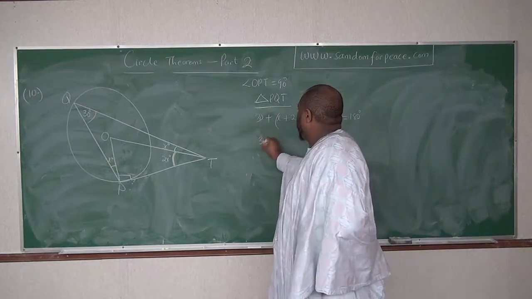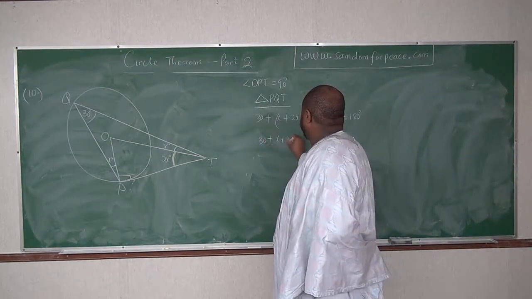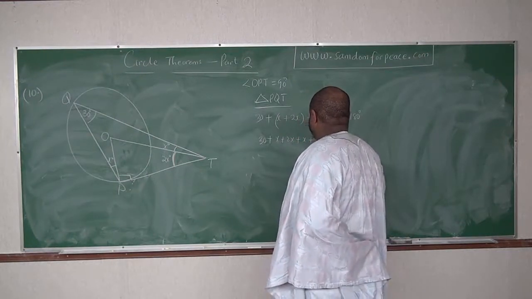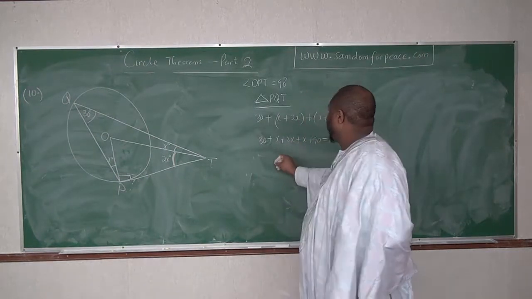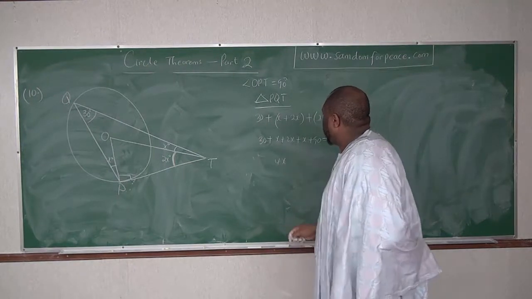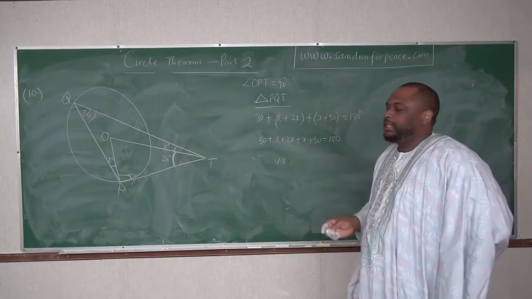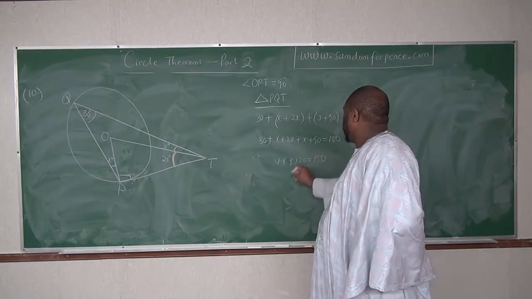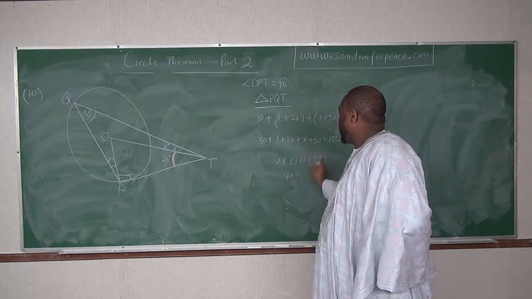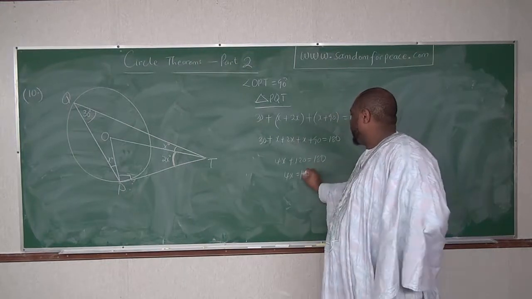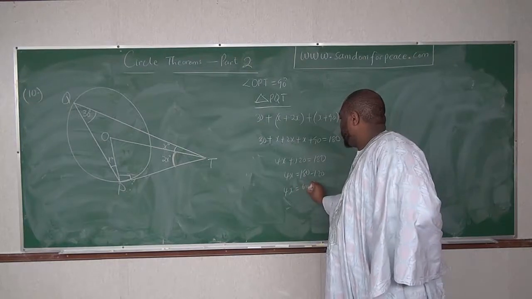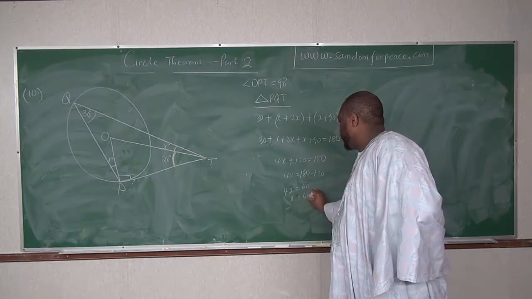So this is 30 plus x plus 2x plus x plus 90 is 180 degrees. X plus 2x is 3x plus x, 4x plus 120 is 180. So 4x is 180 minus 120, which is 60. So x is 60 over 4, which is 15.